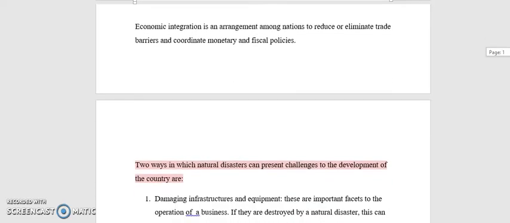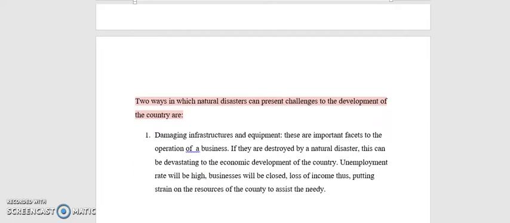We are writing our essay. 2 ways in which natural disasters can present challenges to the development of the country are: way 1, damaging infrastructure and equipment. These are important facets to the operation of a business, right?